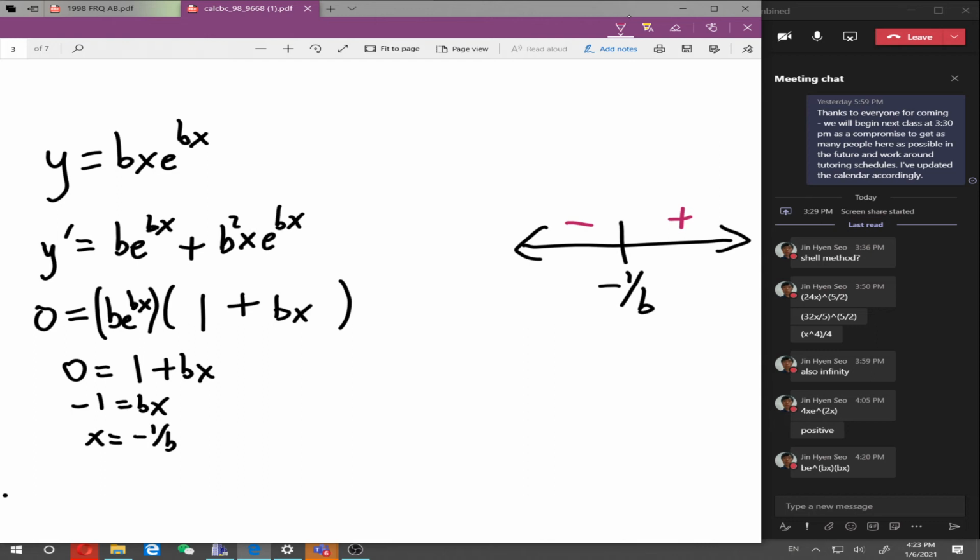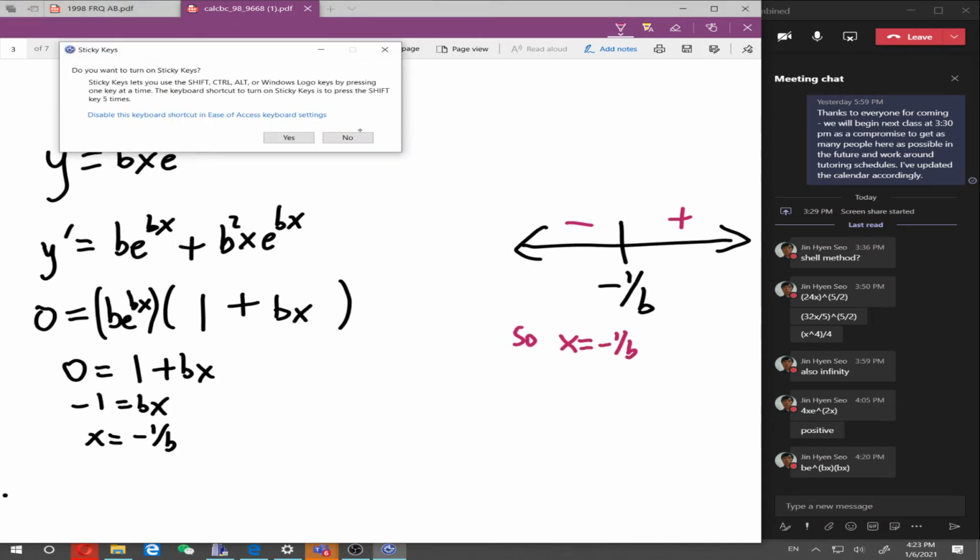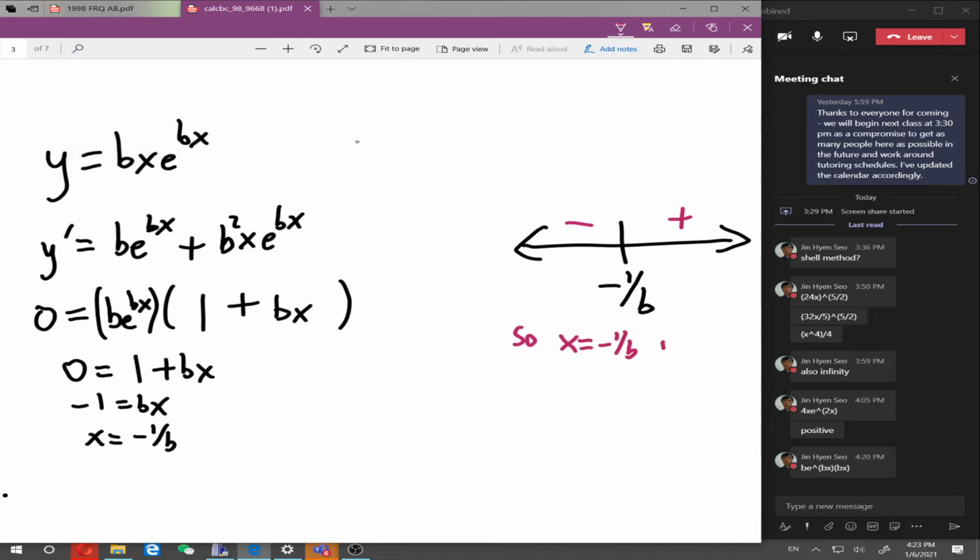So very last step, Andrew, how do I find the y value? Plug in negative 1 over b for x. For bx, e to the bx power. Okay, you're right.